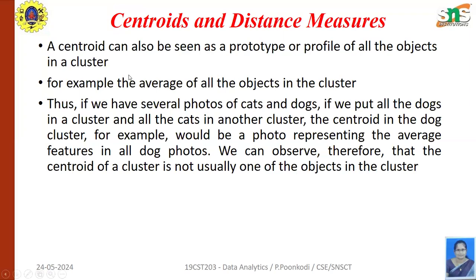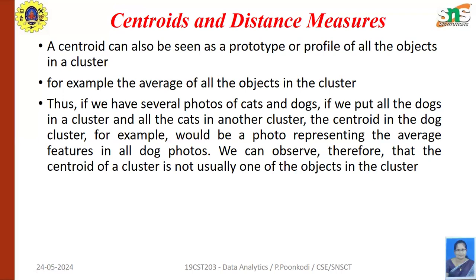The centroid is a prototype or profile of all the objects in a cluster. For example, the average of all the objects in the cluster is considered the centroid value. If we have several photos of cats and dogs, and we put all the dogs in one cluster and the cats in another cluster, they are grouped based on the appearance of the images.